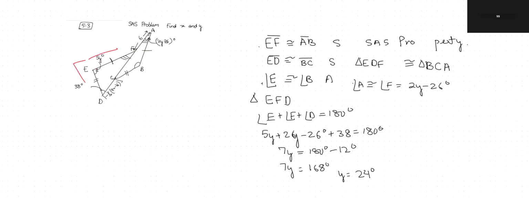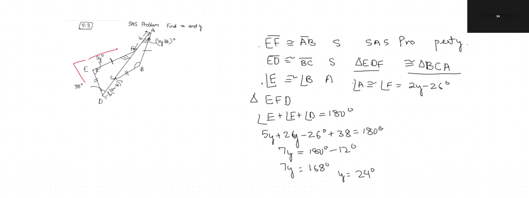And now we have to find x. So with this congruence statement, we see ED is equal to BC.